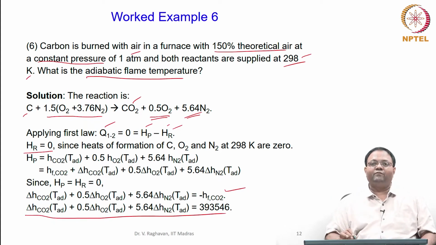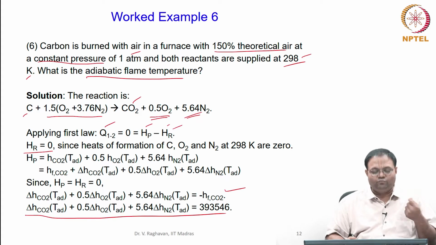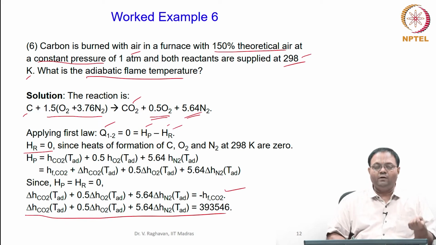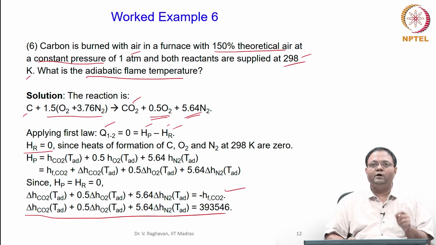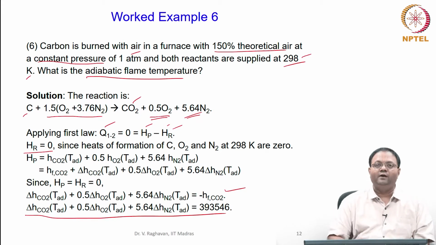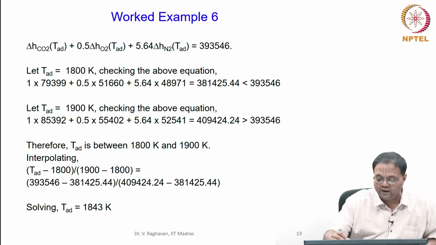Now only by referring to the tables: assume a temperature TAD, go to the corresponding tables of CO2, O2 and N2, retrieve the value of delta H at that temperature, substitute in the left hand side and see whether it is equal to the right hand side. That is the exercise we are going to do iteratively. So this is the equation I have.